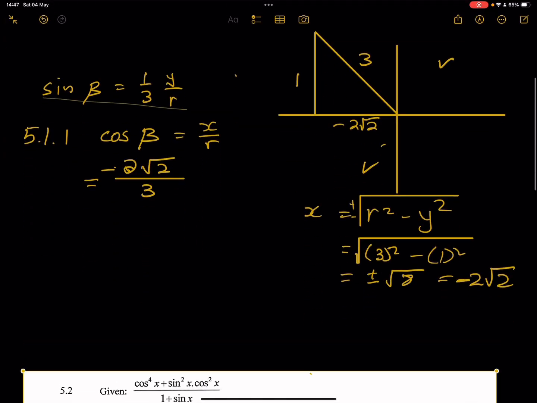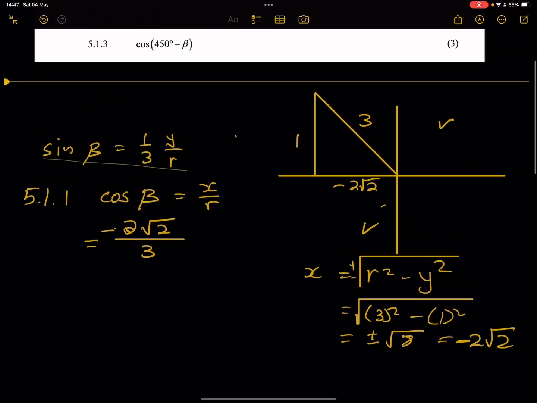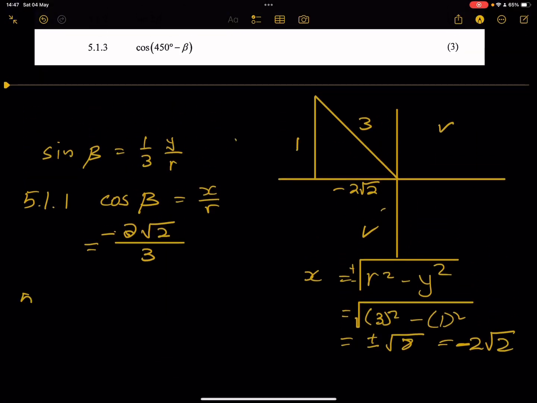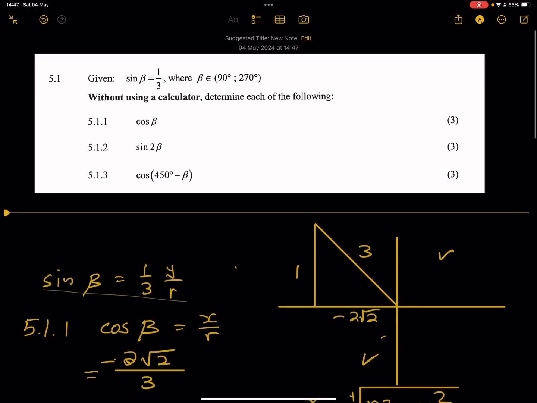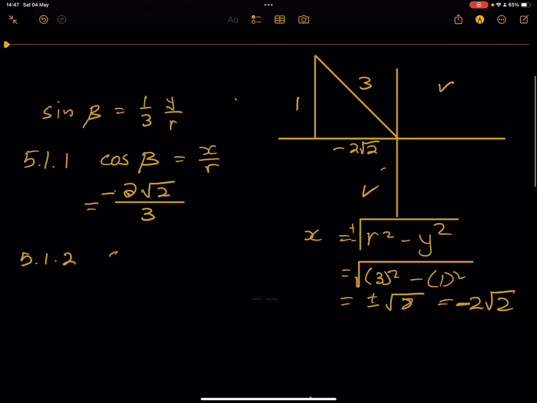So let's take that a little bit further down, just to create some space. For 5.1.2, we need to find sine of 2 beta. Remember, we need to know our double angle identities: sine of a double angle is 2 sine beta cos beta.